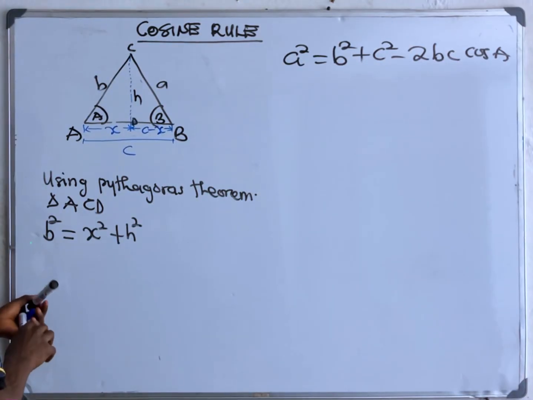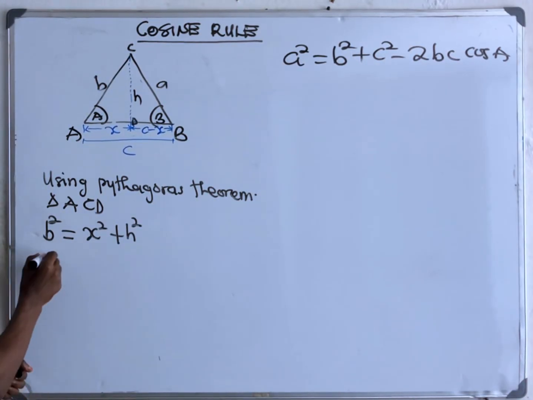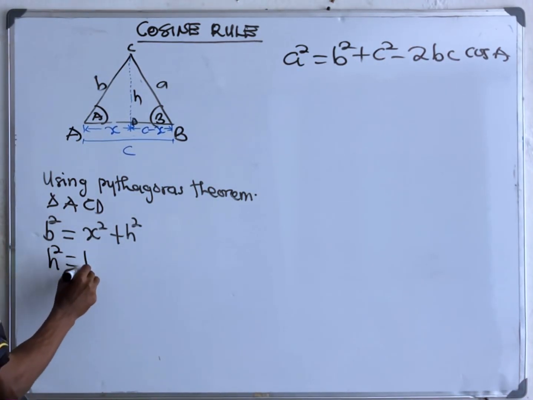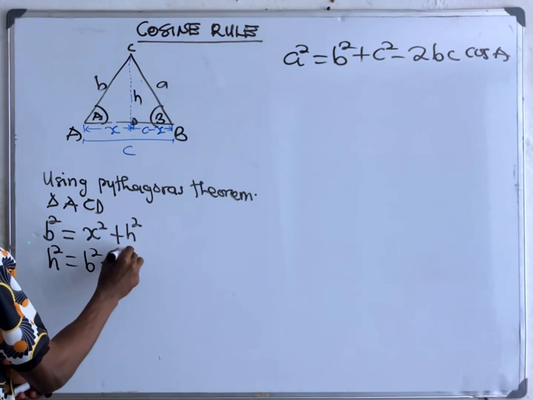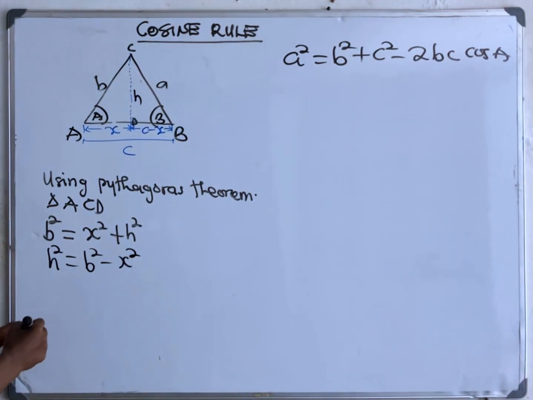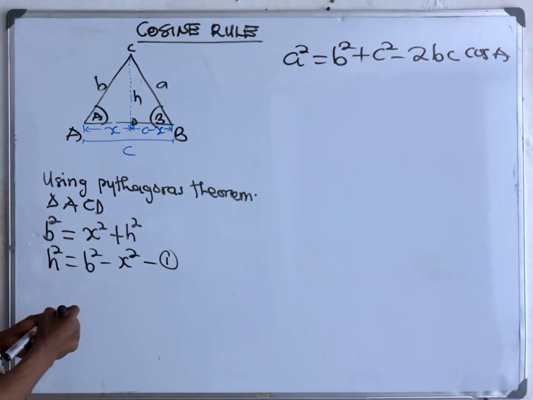Let's make h squared the subject, so that h squared equals b squared minus x squared. Let's name it equation 1.